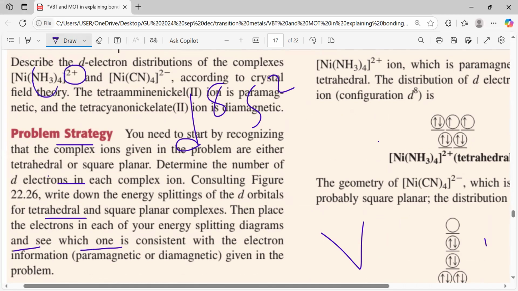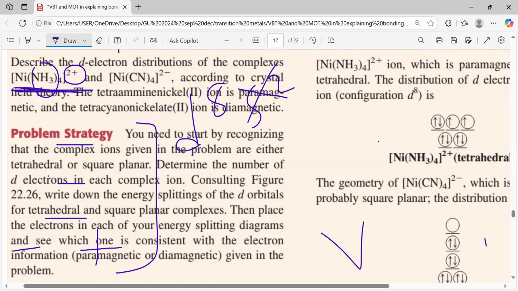Remember, ammonia is neutral, so we can see clearly that nickel there is +2, so the s2 has disappeared. I'm only dealing with this first complex, first of all. So it's a d8, and if I assume it is square planar, whose split looks like that, then let me start the work.